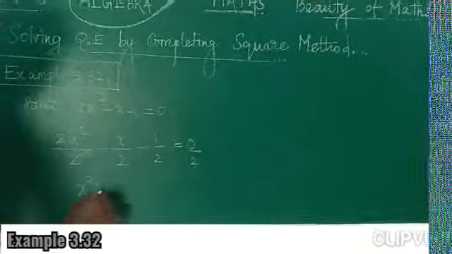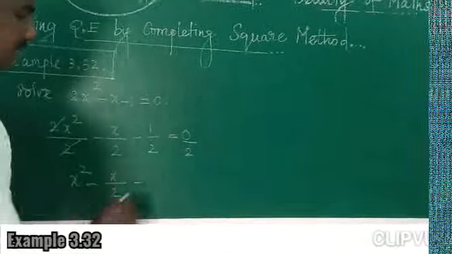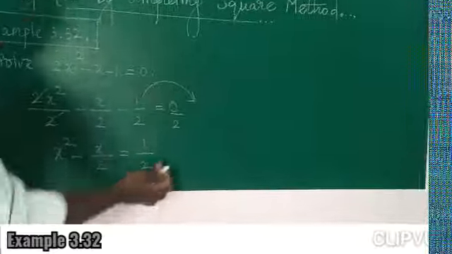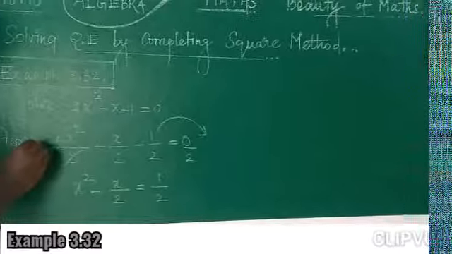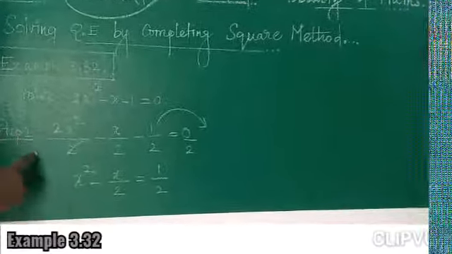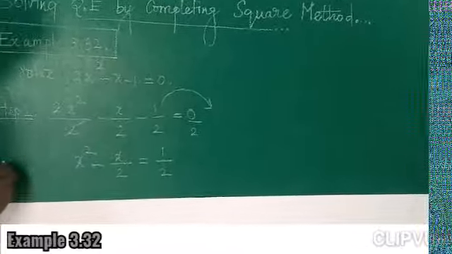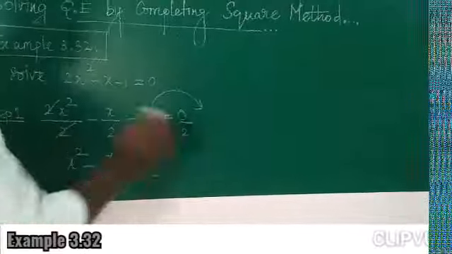X square minus x by 2 is equal to, this minus 1 by 2 becomes plus 1 by 2. This is second step. So in step 1 what we did, we divided by the leading coefficient. The second step, shifting the constant term to right hand side.